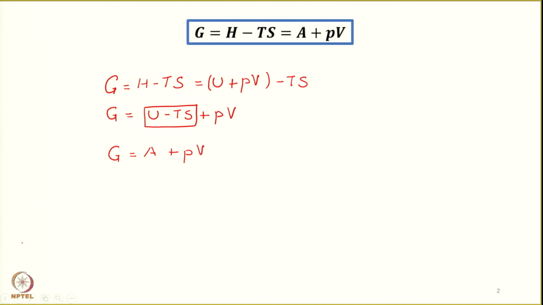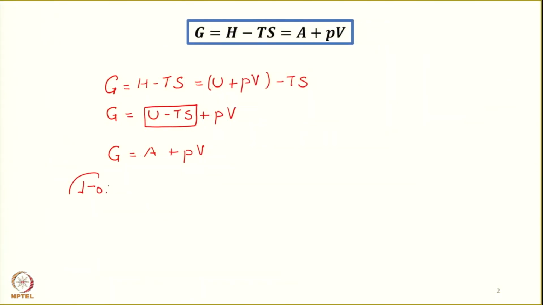Now, on the same lines, when we want to connect with the canonical partition function, we usually will refer to the 0 point value. For ideal system, for ideal gas, PV is equal to nRT.